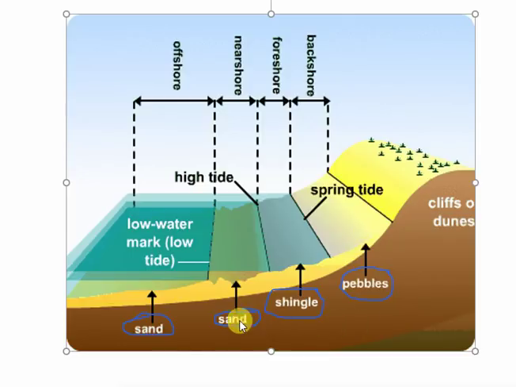So if we've got an environment that's really settled and calm, and it's never going to receive a high energy shock from a storm, then the chances are you're not going to see pebbles this high up the beach. Because the larger and heavier the material, the more energy the sea needs to deposit those larger pebbles further up the beach. So beach profiles have some element of sorting by size and by shape.